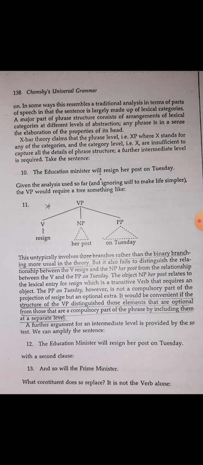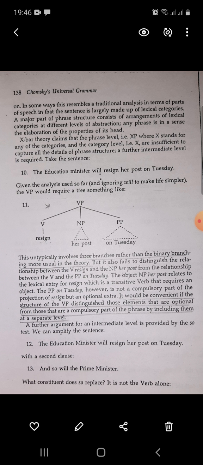So if we see this, through this structural analysis we cannot understand well to what extent the noun phrase and the prepositional phrase are related to the verb. How strong is the relation of the noun phrase with the verb resign, and how strong is the relation of the prepositional phrase on Tuesday with this resign?